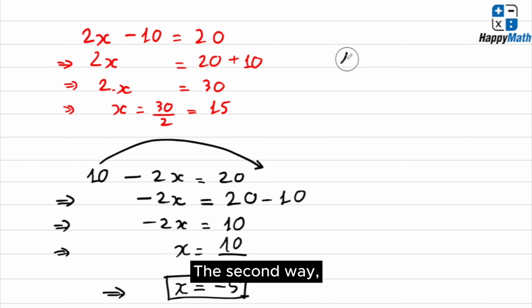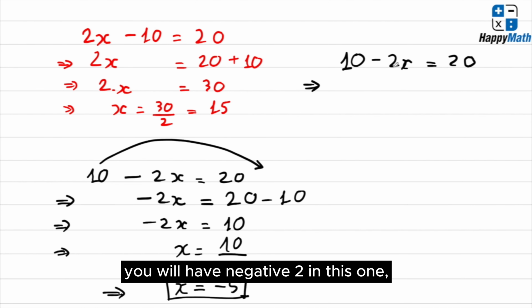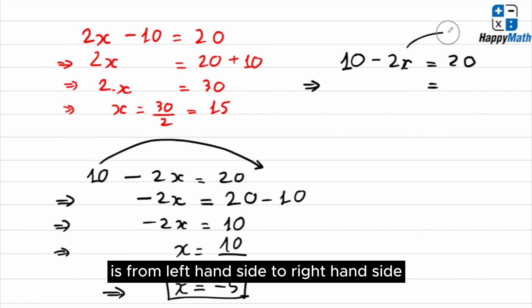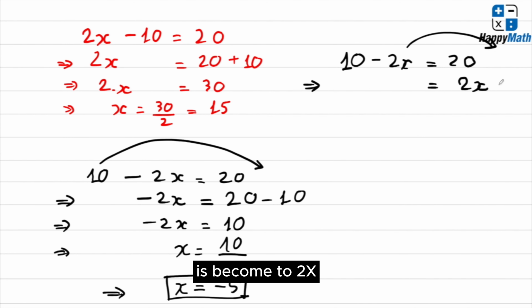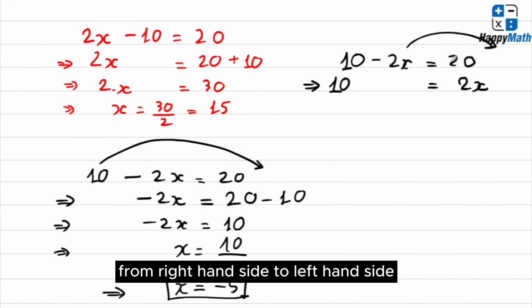The second way, you can do it like this. The second way, you have negative 2x on the left hand side, so I will move negative 2x from the left hand side to the right hand side. It becomes 2x. And then I leave 10 unchanged and move 20 from the right hand side to the left hand side.